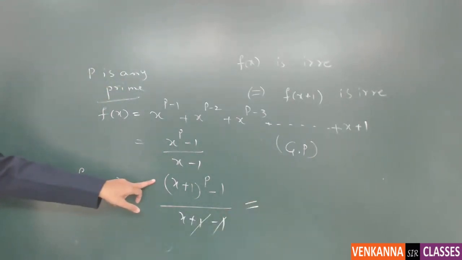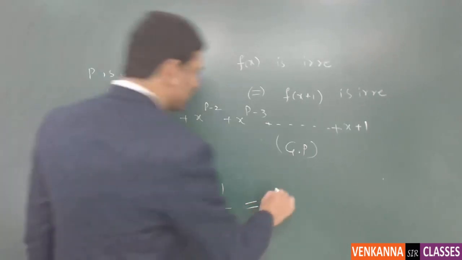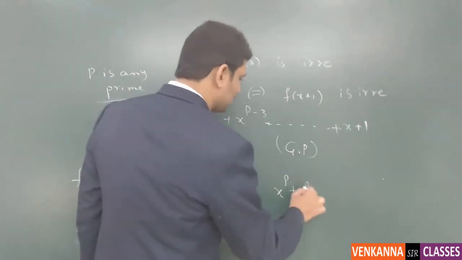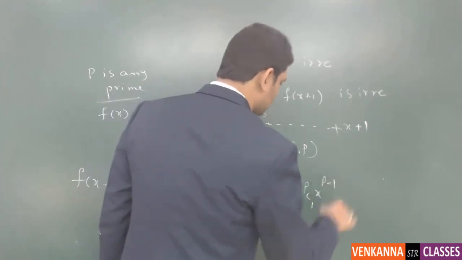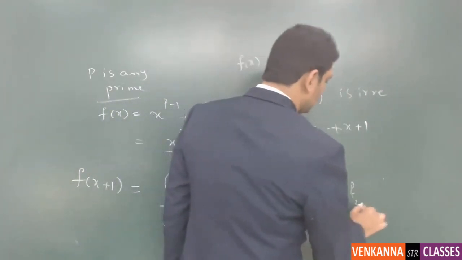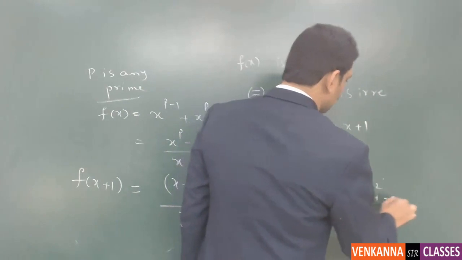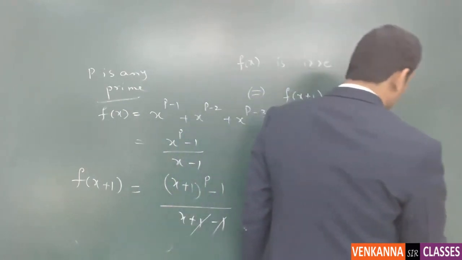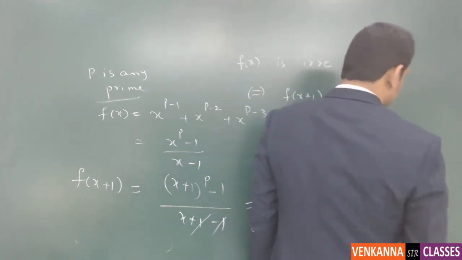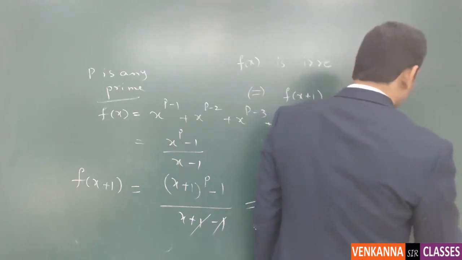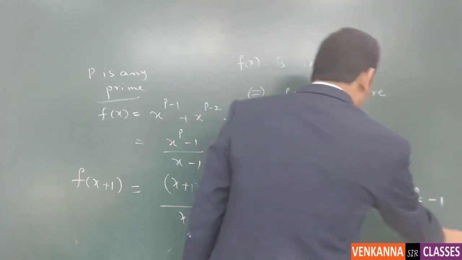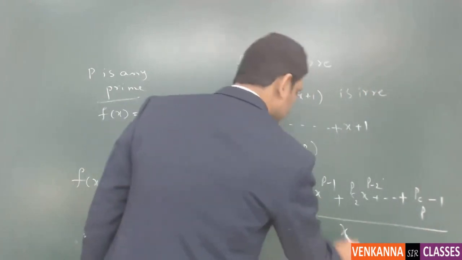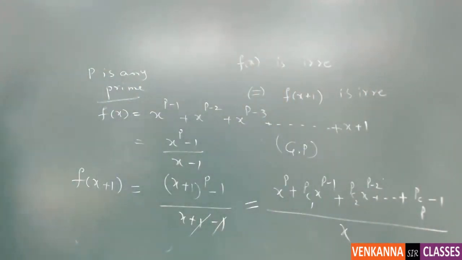So writing this by using the binomial theorem, this is nothing but x power p plus pC1 into x power p minus 1 plus pC2 into x power p minus 2 plus so on plus pC(p minus 1) x, whole by x. So do you accept that?